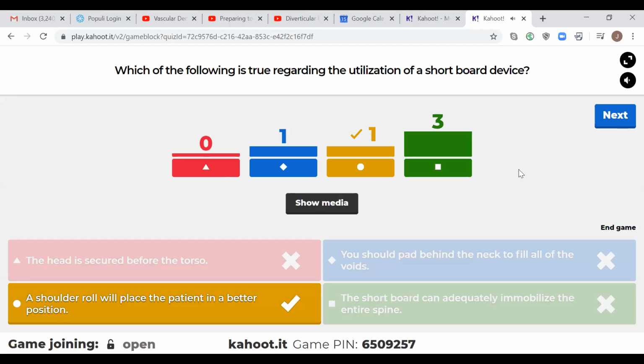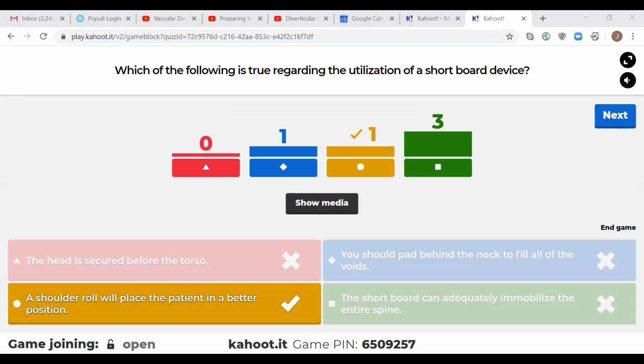Place the patient in a better position. See, which of the following is true regarding utilization of a shortboard device? Give me a sec, guys. I'm going to double check this one. I'm sure that it's right, but a shoulder roll.